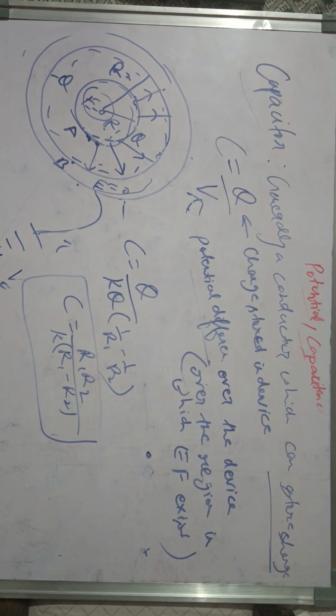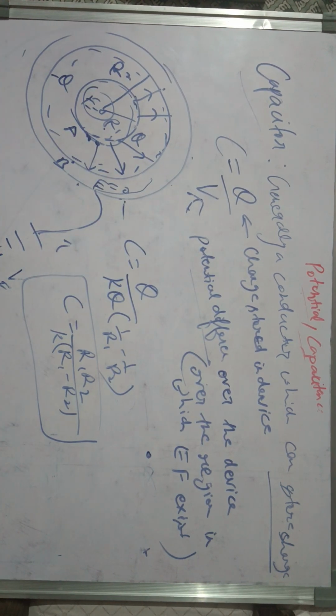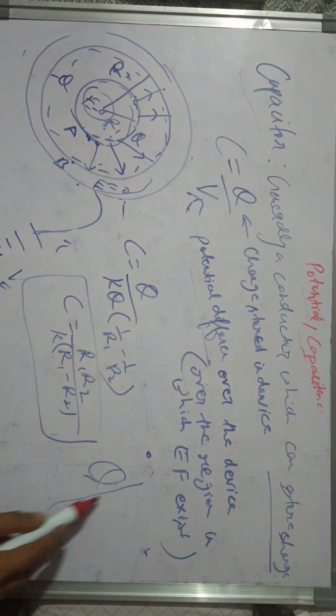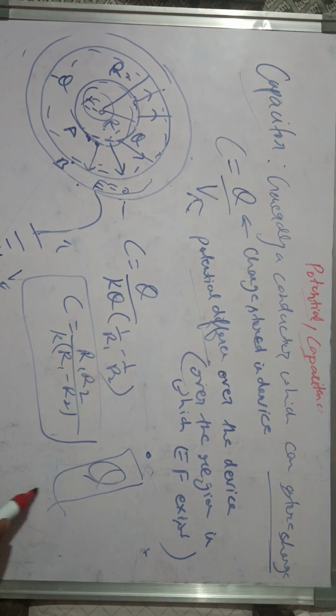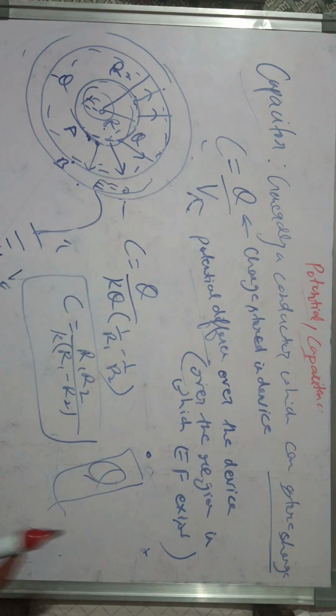So according to the basic concepts of a capacitor, we can derive the capacitance of any type of device. When we have a capacitor, we generally have some charge q on one surface, and when we talk about capacitance, we always have two bodies.